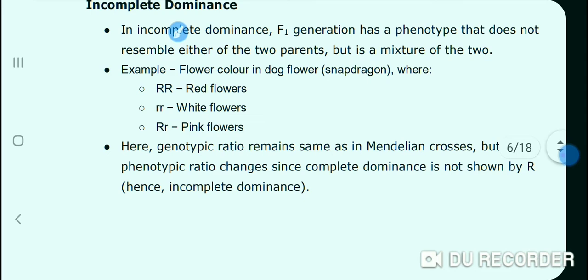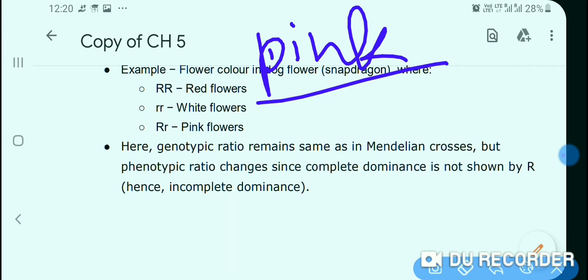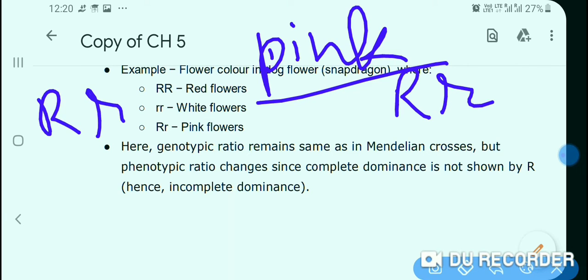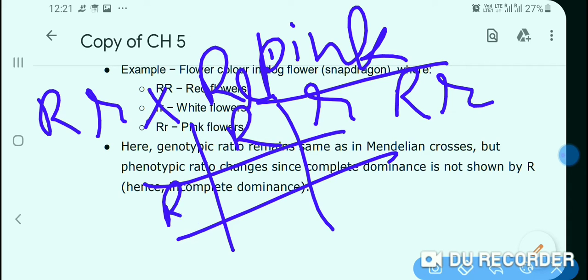In incomplete dominance, what would happen in the F2 generation? In the F1 generation, all the plants were pink in color, and their genotype was capital R, small r. If we allow selfing between the plants of the F1 generation, then in the F2 generation we find this is capital R, small r, again capital R, small r.